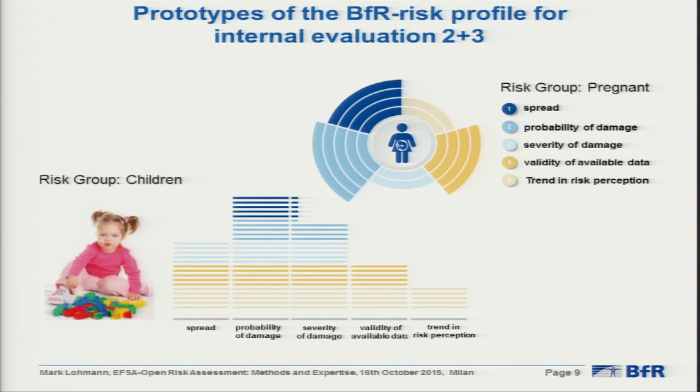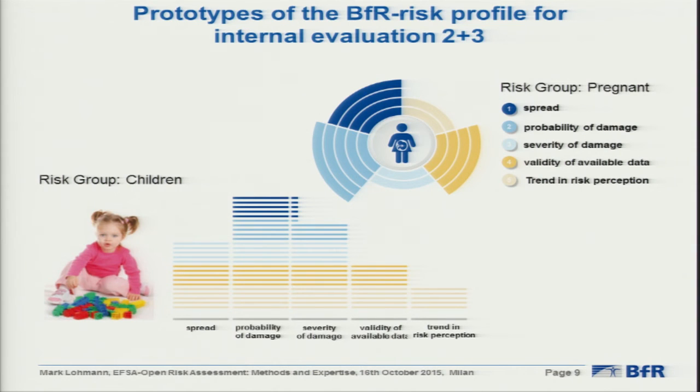Prototypes number 2 and 3 differ in their graphical presentation without giving any information about the magnitudes, and especially prototype number 3 foregrounds the target group more boldly. These prototypes were given into the internal evaluation process where risk assessors and risk communicators took part.